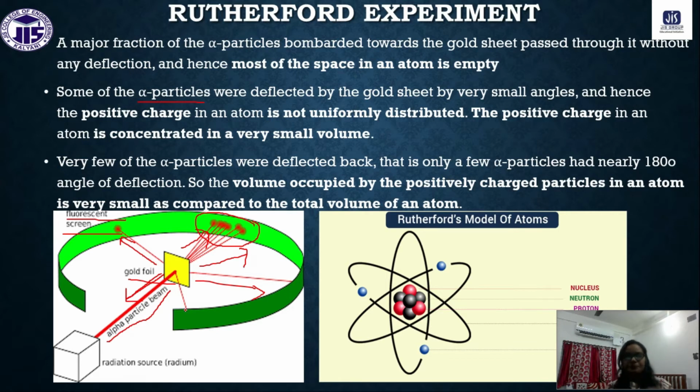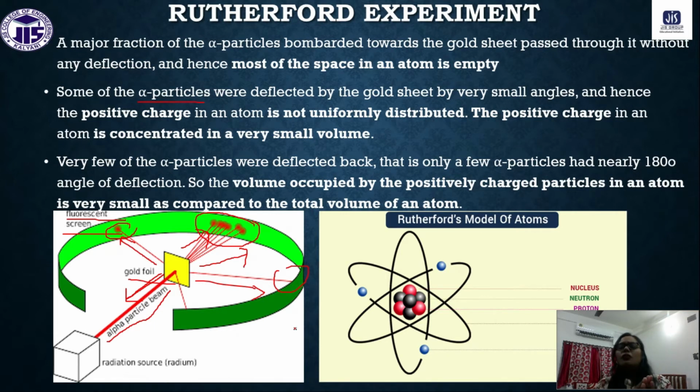And the third one: very few alpha particles are deflected or distorted from their path. That means electrons are moving around the nucleus, and electrons are negatively charged, while the alpha particle is positively charged.